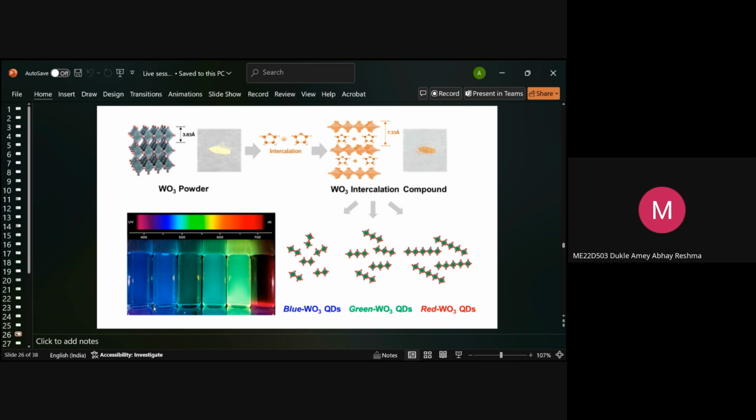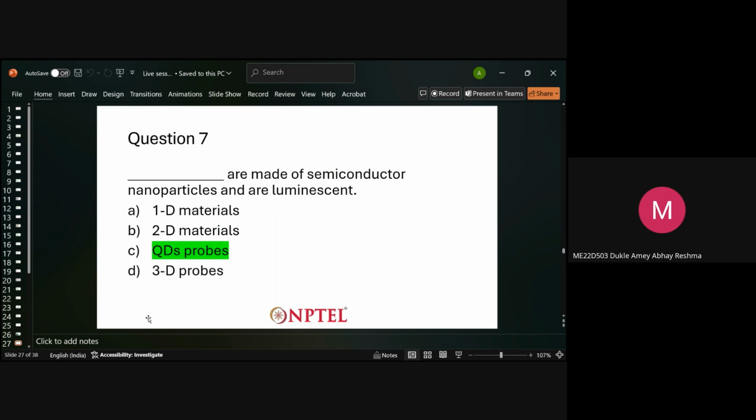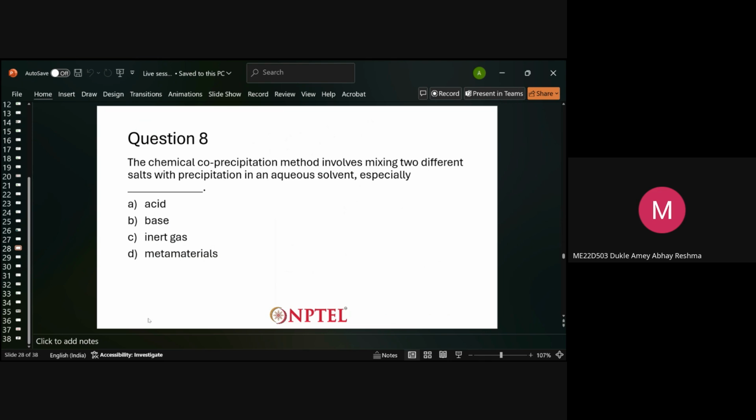So you can tailor the quantum dots, and based on their size you will get different luminescent properties. That is what they are used for. So the answer is quantum dot probes. We move to the next question.